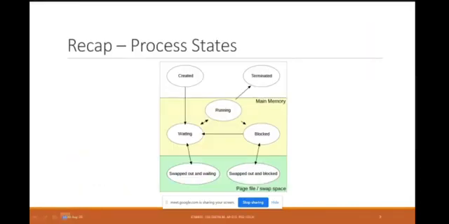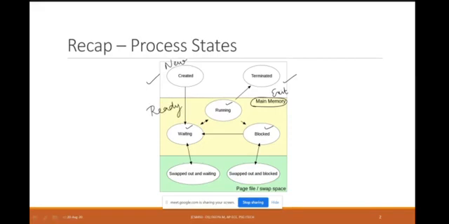So whatever the process states that we saw in the last class is given here. So we had two states, create, or this is your new state, and this is your terminated state, or after exiting this will be your state. As we already saw, this is your main memory inside which you will have three states. We had one more state called the ready state.